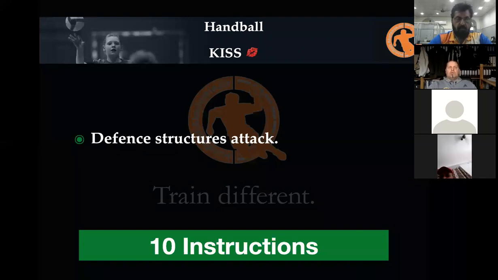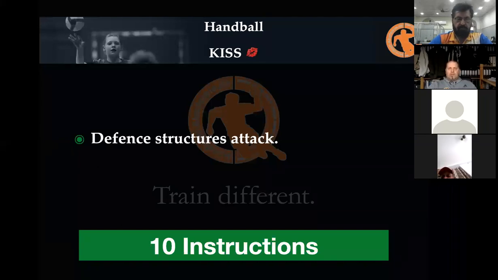Then we stepped over to 5-1, 6-0, the more defensive systems. I showed you some ideas for active and variable defense. And with all those different defense systems, you can give a certain picture, a certain image to the opponent's attack. And they have to react on that. So that's why defense is structuring the attack.